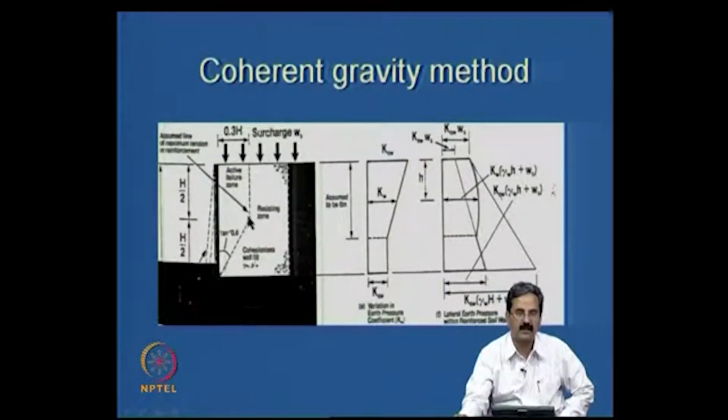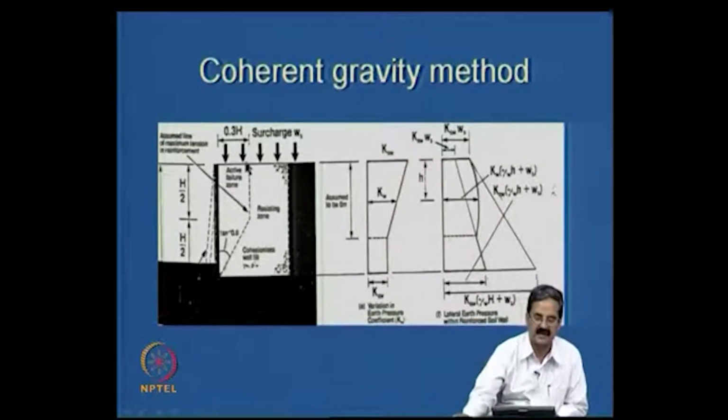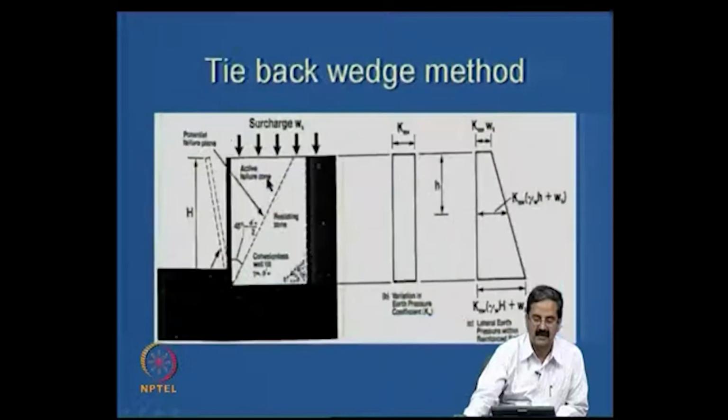In fact, you can monitor the tensile strains in the reinforcement. Instead of the 45 minus phi by 2 that we have seen, this is the failure zone that they have taken. Even if you just do a finite element analysis, it comes like this. In the previous case, it is like this, whereas here you are just cutting it.